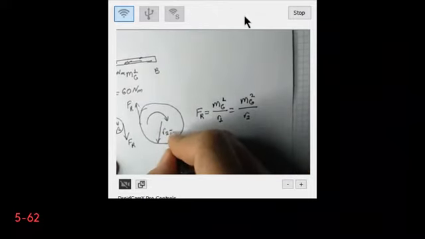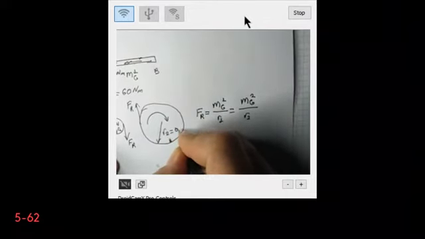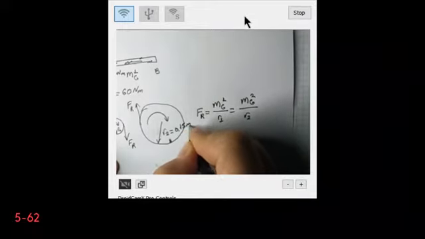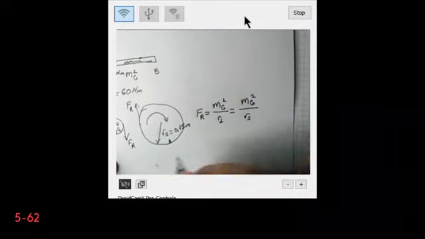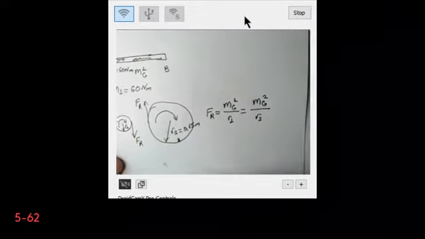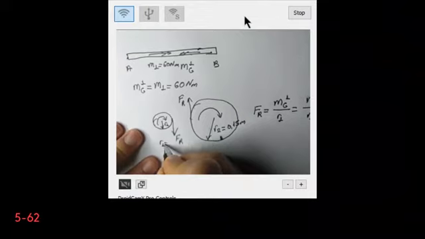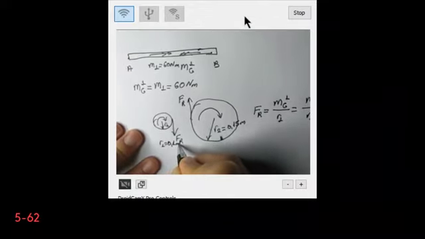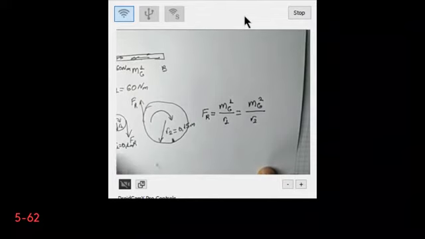Now R2 is equal to 150 millimeters, so 0.15 meters, and R1 is equal to 0.1 meters. Now from here I know mg1, therefore I can calculate mg2.